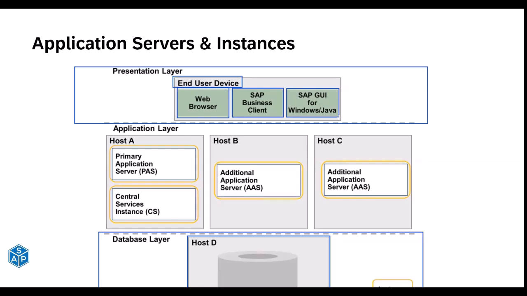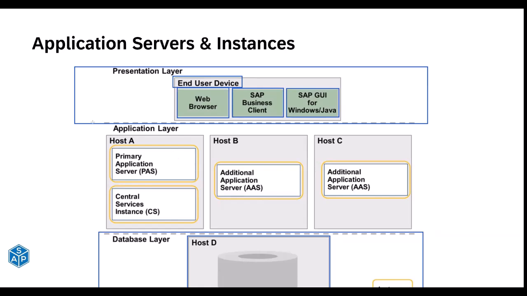You will be using the SAP GUI for Java, installed on the Mac system or the Linux operating system. So the topmost layer is your presentation layer, the bottommost layer is your database layer.